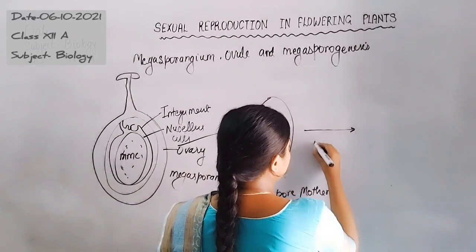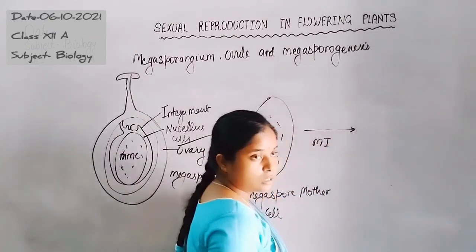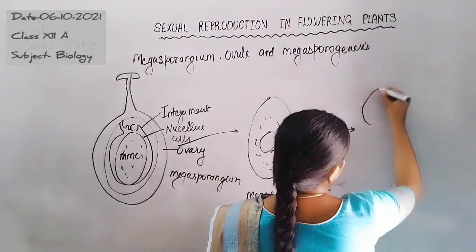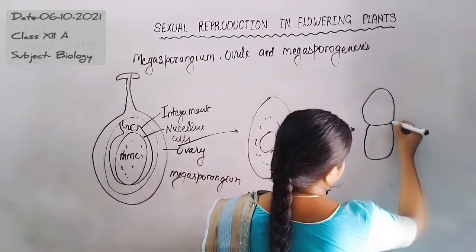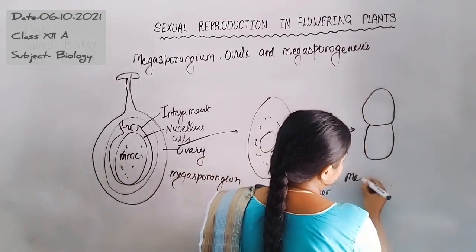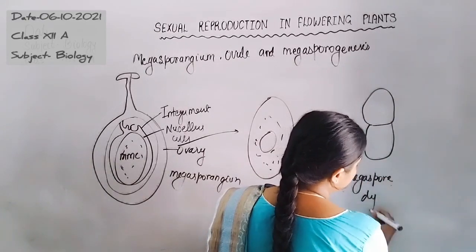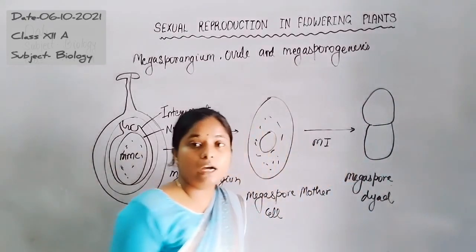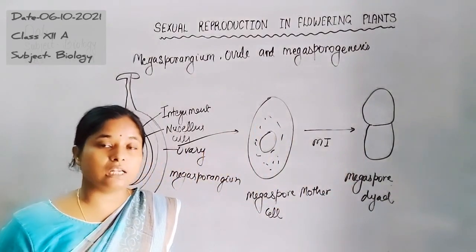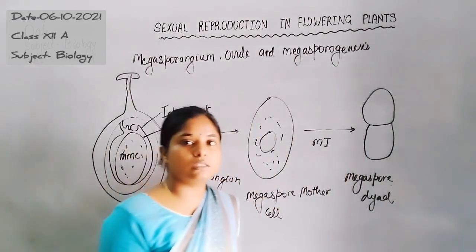By the first meiosis division, there is formation of the megaspore dyad structure. The megaspore dyad is a two-cell stage after the meiosis division.